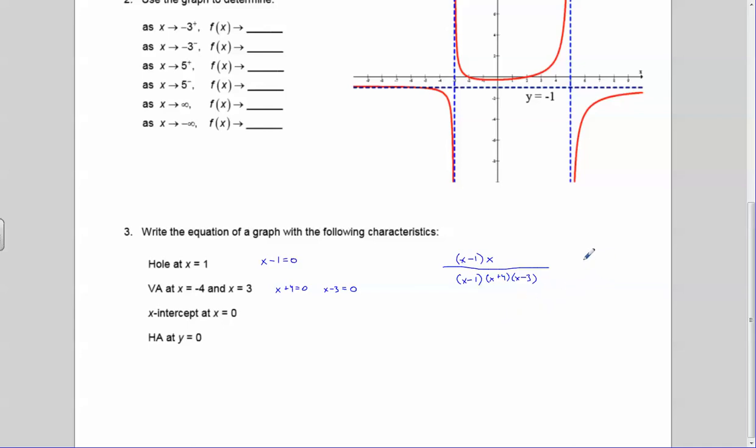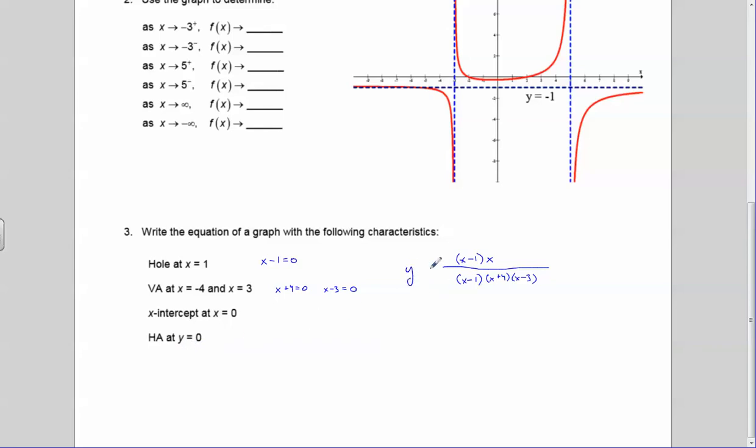So the highest degree in the numerator is 2, the highest degree in the denominator is 3, meaning that this is bigger on bottom. When it is bigger on bottom, our horizontal asymptote is y equals 0. So that means we do not need to make any changes for our horizontal asymptote to be y equals 0.